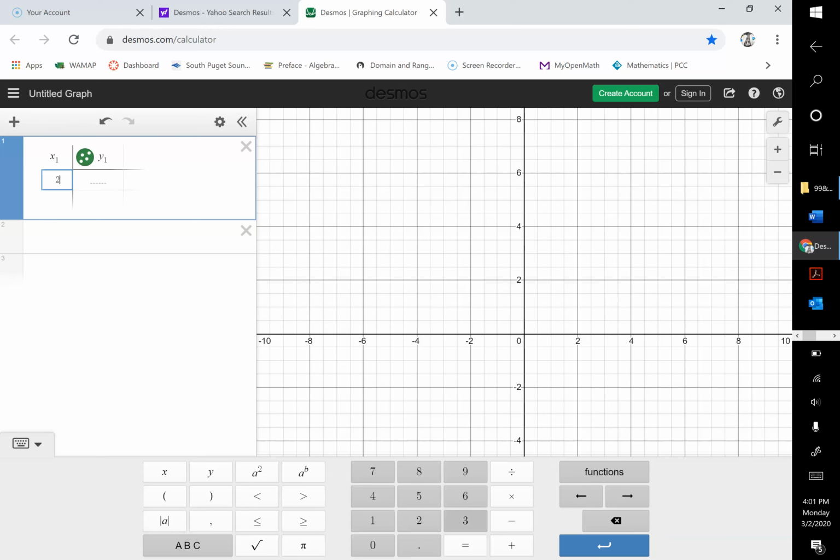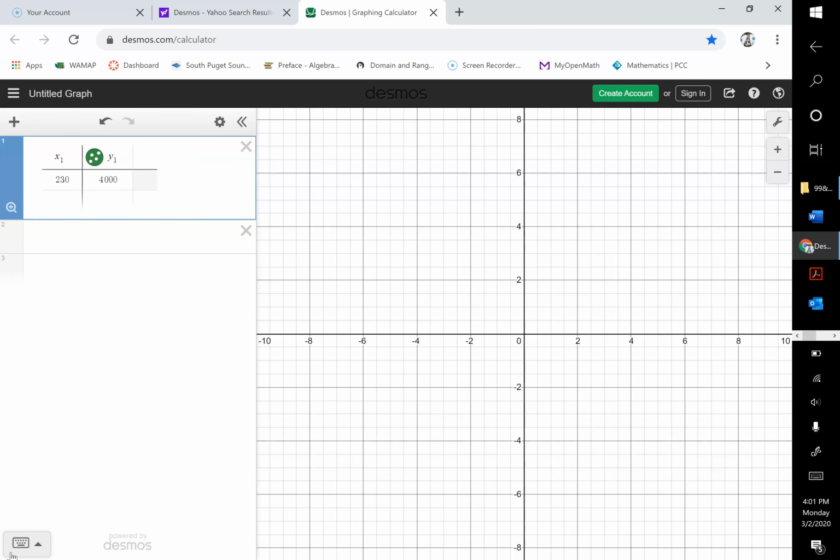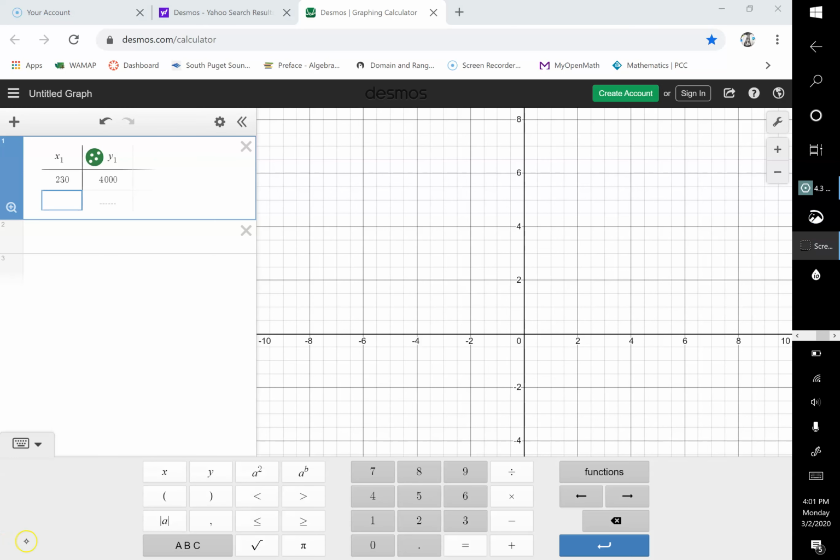So I would have 230, and then tab over using that right arrow, and then put in 4,000. I'll fix that. You actually need to just touch in the next row in that little box.